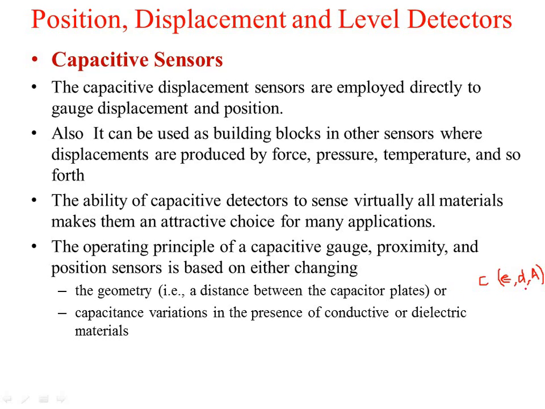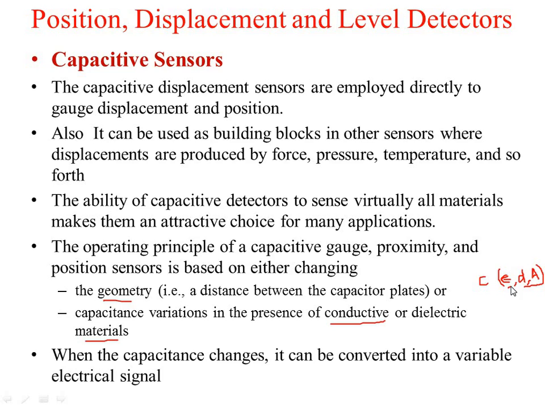So the distance and A become a part of the geometry, and the conductive or dielectric material will also change the capacitance. So this variation will be because of these three parameters, and the same principle is used for the measurement of displacement or position or level. Okay, so when the capacitance changes, it can be converted into a variable electrical signal.